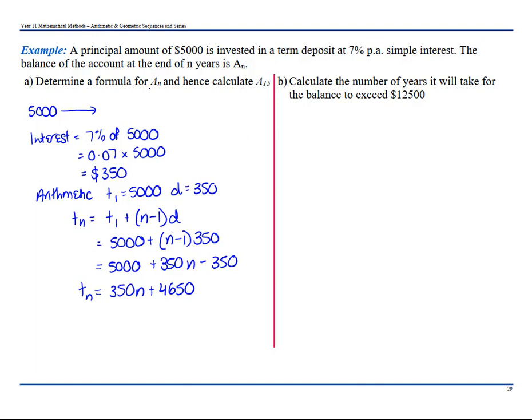And that's our formula for An. So An is 350n plus 4650. Okay, then it says, hence calculate A15.